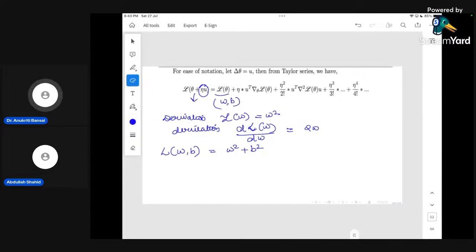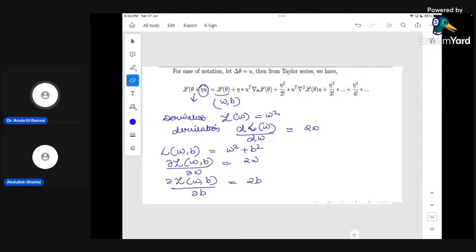In this case, I have to take partial derivatives. The partial derivative of L with respect to W will be 2W, and the partial derivative of L, which is a function of W and B, with respect to B will be 2B. Now what is the gradient?